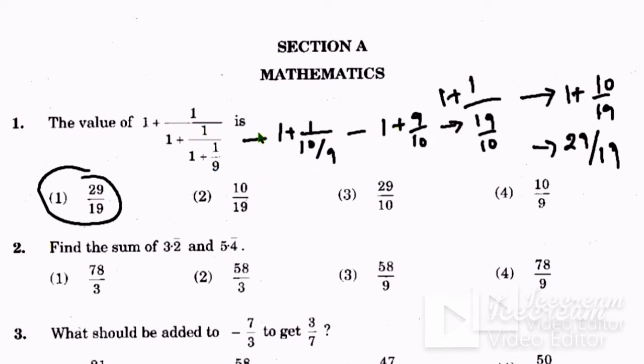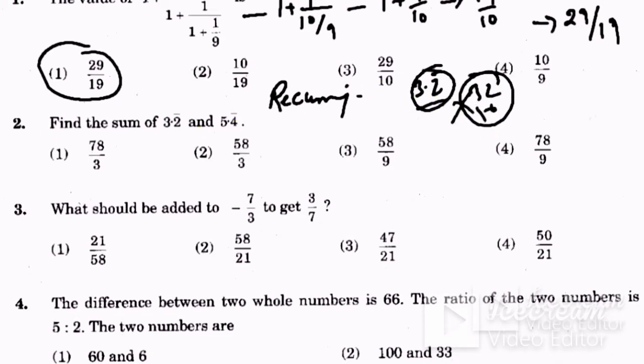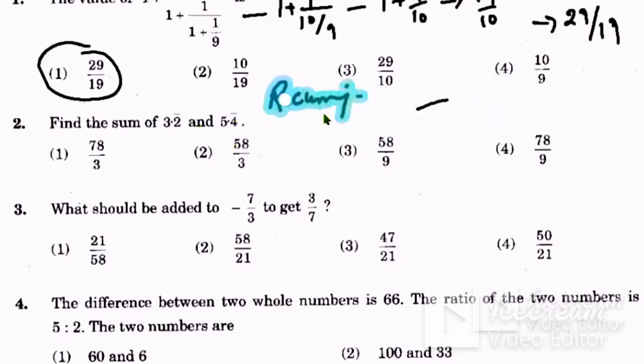Now we'll check the second question, which is related to the recurring decimal. For a recurring decimal, we don't write 3.2 bar as 32 by 10. This is wrong. You cannot write like this for recurring decimals. What you have to do is first break it into 3 plus 0.2 recurring.